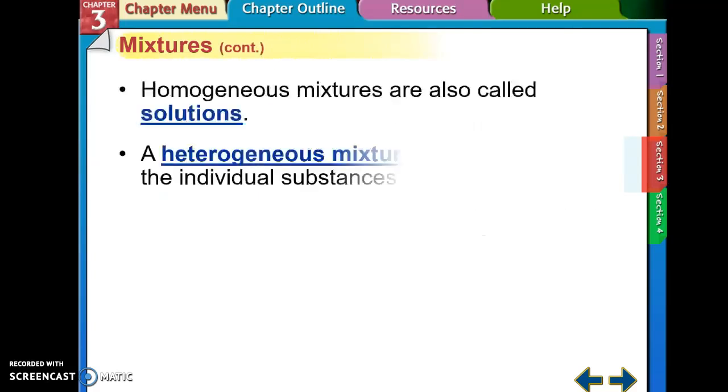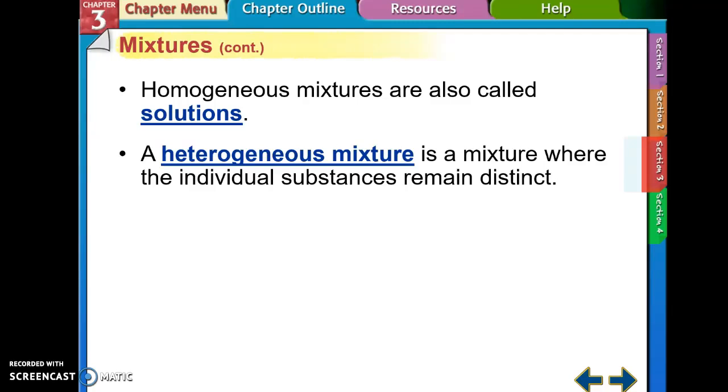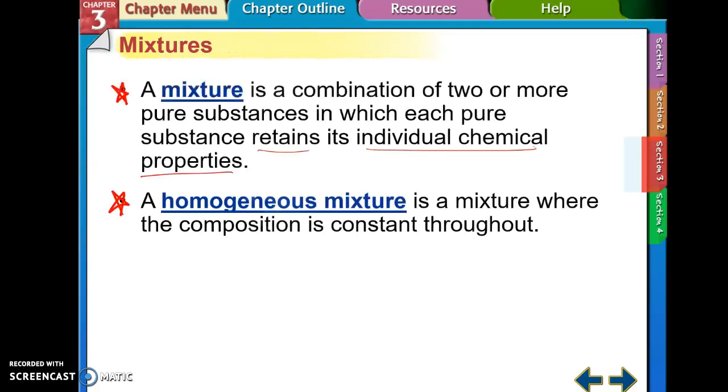A homogeneous mixture can also be called a solution. And then you have the heterogeneous mixtures, which is where the individual substances remain distinct. So if you think about the prefix, homo means the same, hetero means different. So if it's a homogeneous mixture, it is going to be constant throughout.